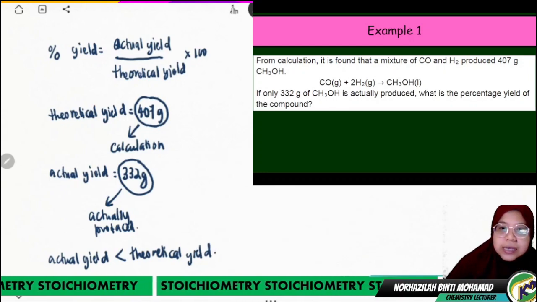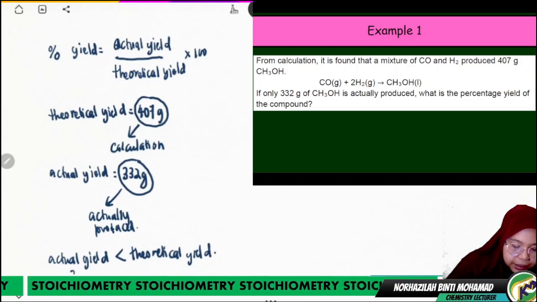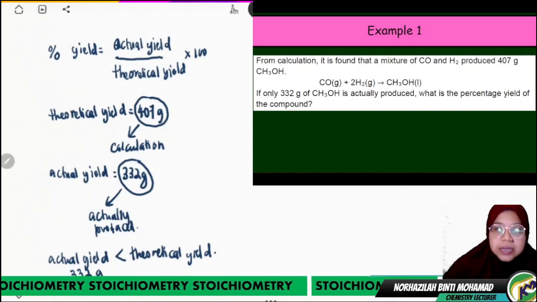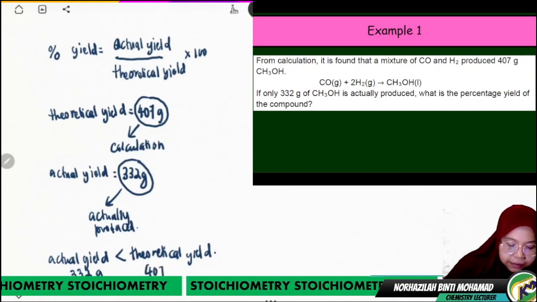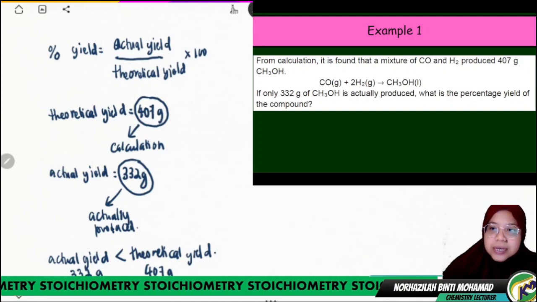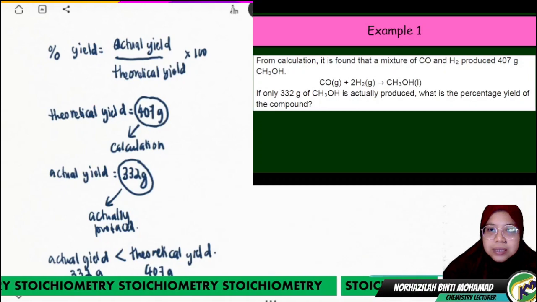So we can see here the actual yield is 332 gram and the theoretical yield is 407 gram. So that means the actual yield is less than the theoretical yield.